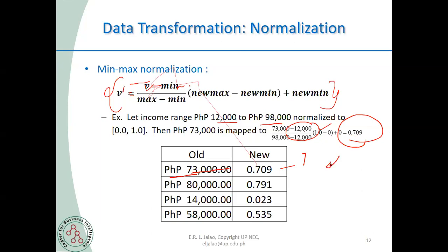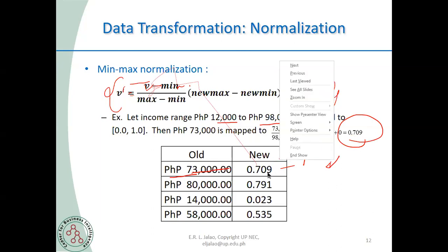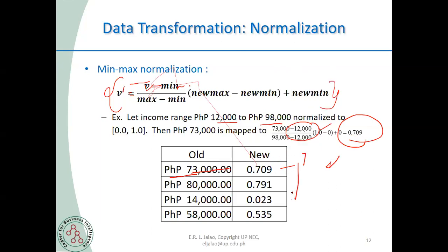So that is the min-max normalization, the computed value for the new normalized data for our 73,000 is 0.709. Likewise in our data sets, that is the same process we did. So 80,000, the old data, becomes 0.791. And then 14,000 becomes 0.023, and 58,000 becomes 0.535.